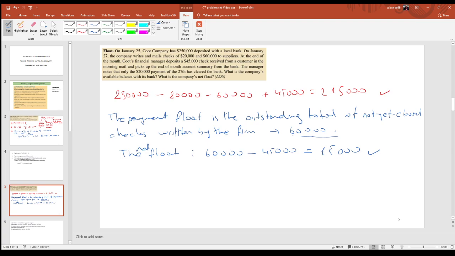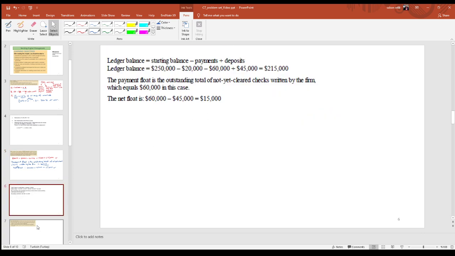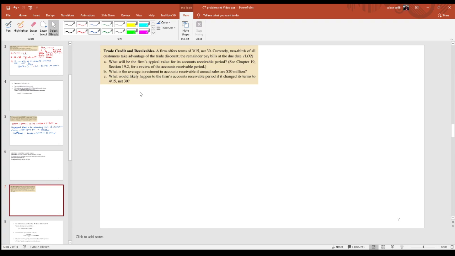So the next one, you can also see the solution from here. This is about the trade credit and receivables. A firm offers terms of 3/15 net 30.